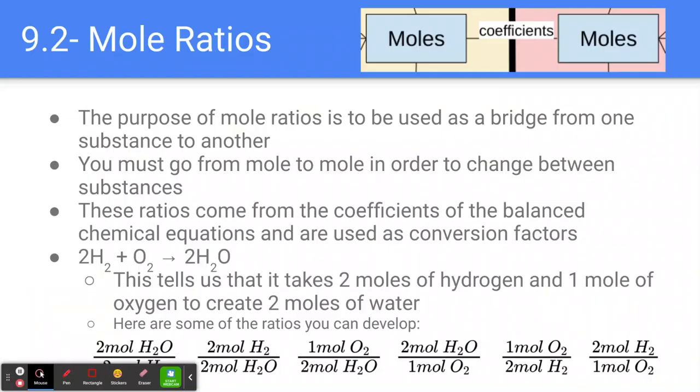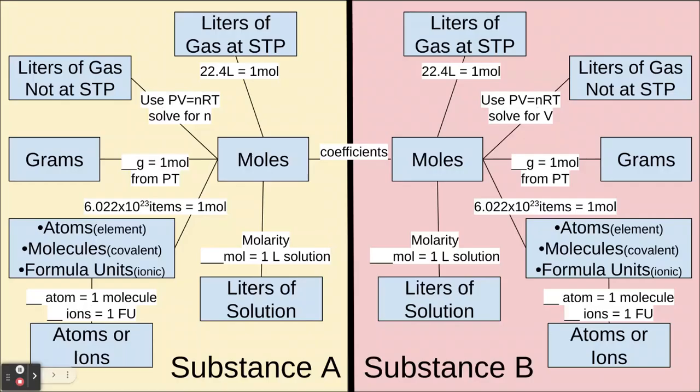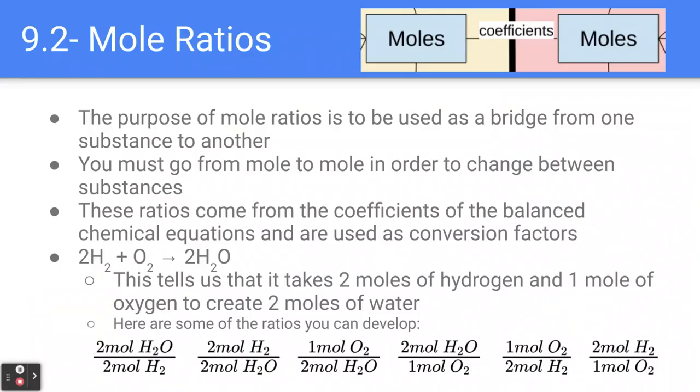The mole ratio, you might hear me call it the mole bridge. This is the bridge that takes us over from one substance to another. If we take a look back at the mole map, there's only one way to get from substance A to substance B, and that's through the moles. So you have to start with substance A, get to moles, and then the only place to go from moles of substance A is into moles of substance B. These mole ratios come from the coefficients in the balanced chemical equation.